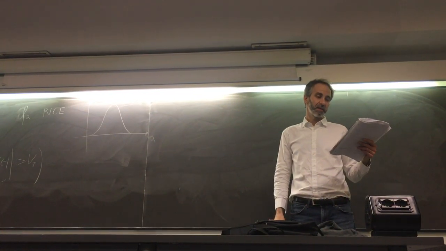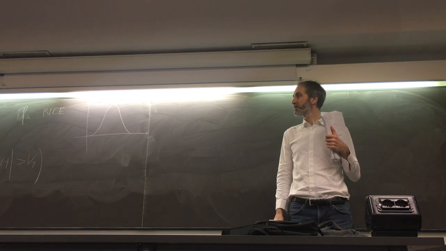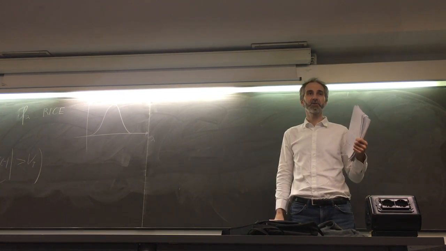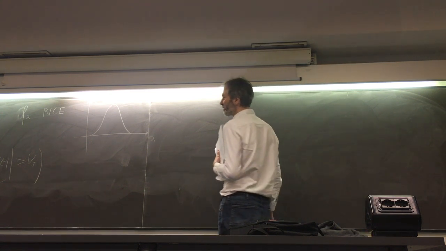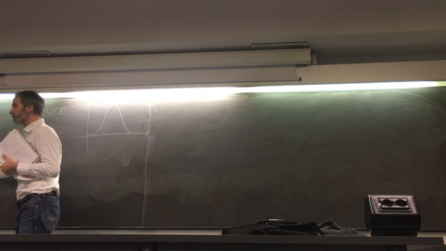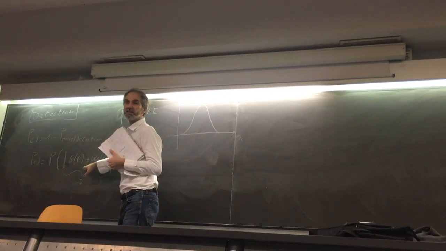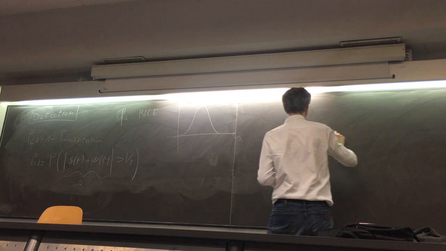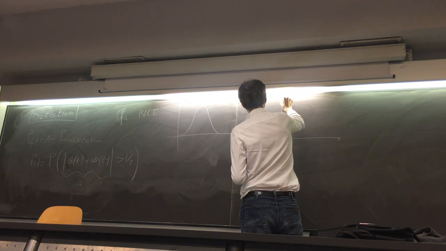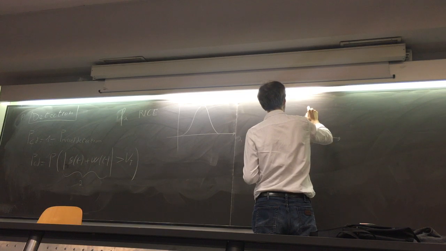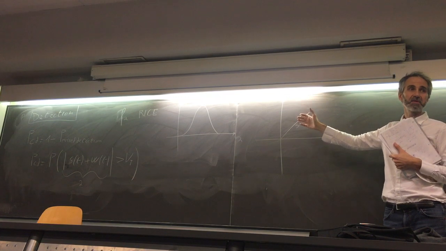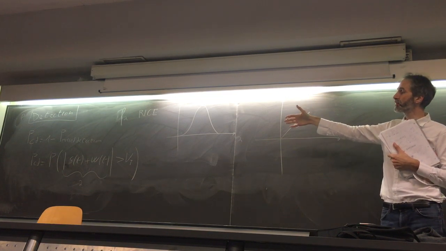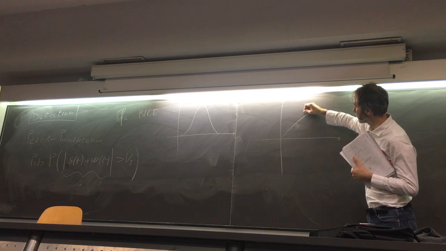Let's say if the signal to noise ratio is very large, then you can approximate this as a Gaussian. And you can see it here. Imagine that we want to represent these two numbers in the complex plane. This is the real part, this is the imaginary part. This is S. And the complex variable that comes out of this sum is S plus the noise.